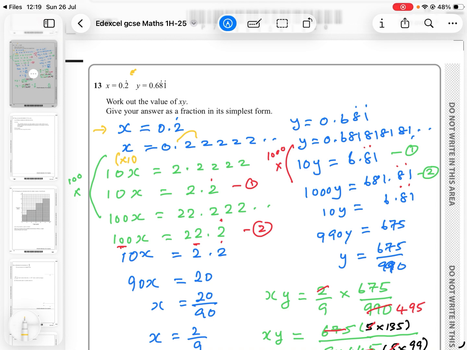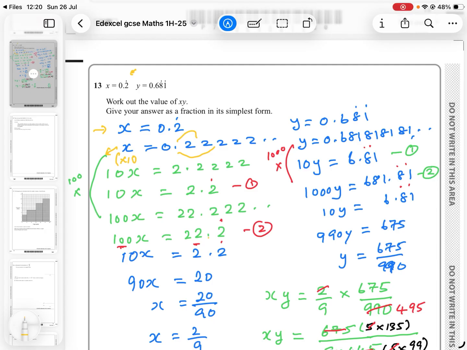Again, multiply x by 100. So 100x equals, the decimal moves 2 places, 22.2222. So 100x can be written as 22.2 recurring.